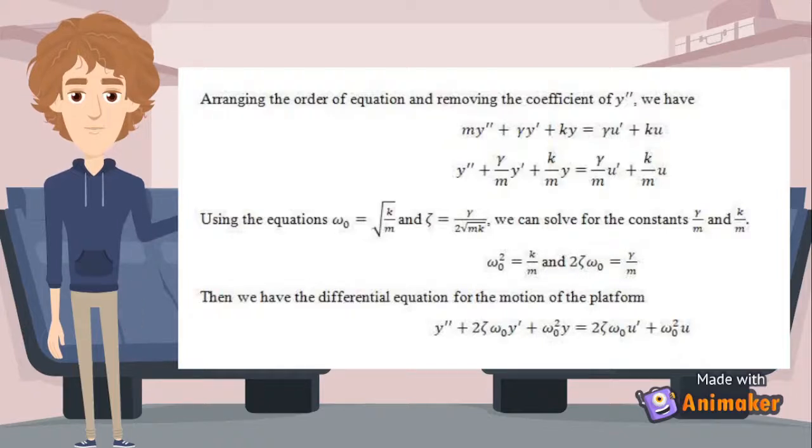Using the equations omega naught is equal to the square root of k over m and zeta is equal to gamma over 2 times the square root of m times k, we can solve for the constants gamma over m and k over m, in which we find that gamma over m is equivalent to 2 zeta omega naught and k over m is equivalent to omega naught squared. Then we have the differential equation for the motion of the platform: y double prime plus 2 zeta omega naught y prime plus omega naught squared times y is equal to 2 zeta omega naught u prime plus omega naught squared times u.